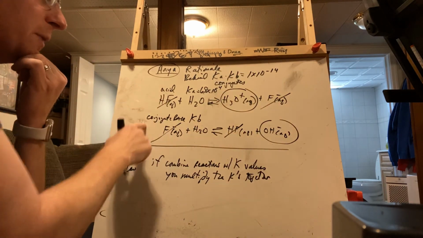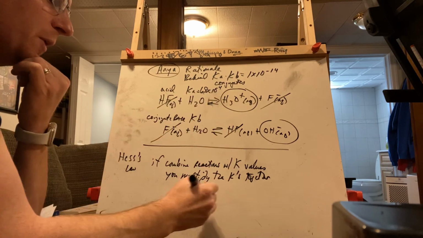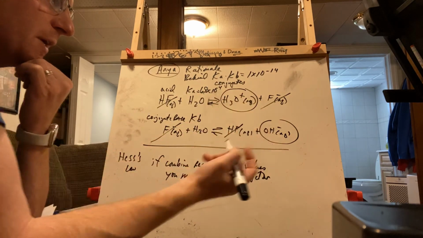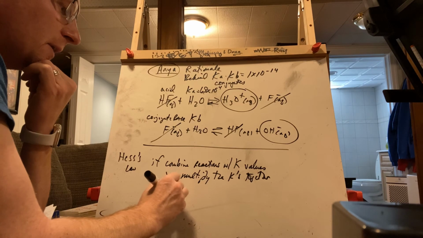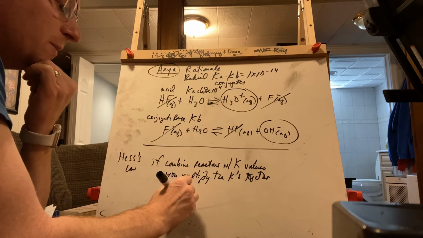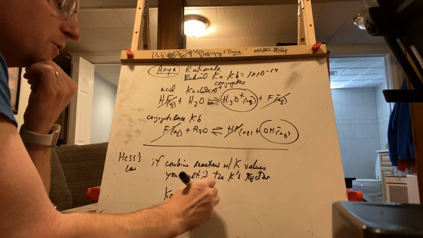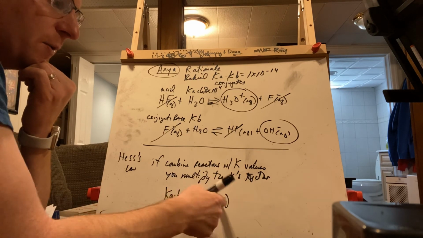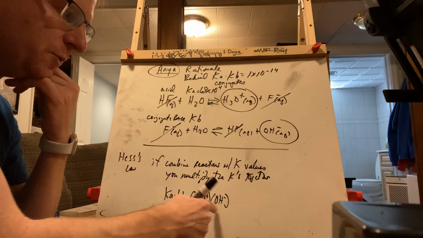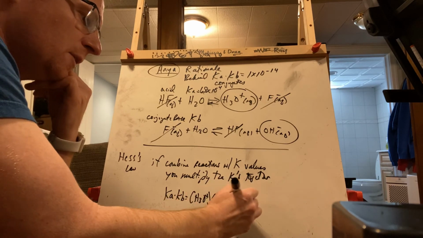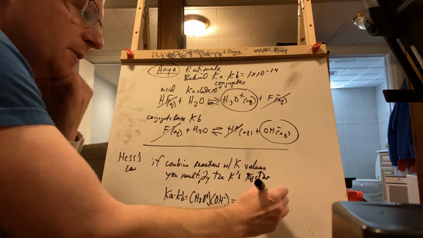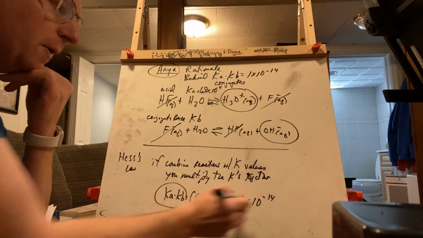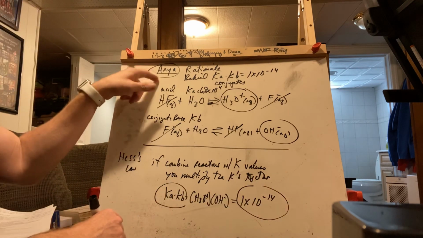So multiplying these would put this times this. So you'd end up with Ka times Kb equals H3O plus times OH minus. And at 25 degrees, you know that H3O plus times OH minus is 1 times 10 to the negative 14. So that's where that comes from, if you were looking for that.